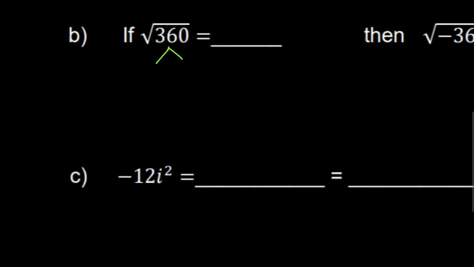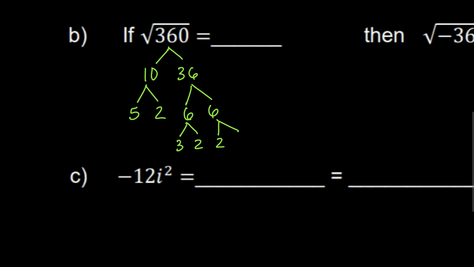So, 360 is divisible by 10. 10 is a factor of this. 10 and 36. What can 10 be split into? 2 and 5. And what can 36 be split into? And what can 6 be split into? And 6 again. All right.